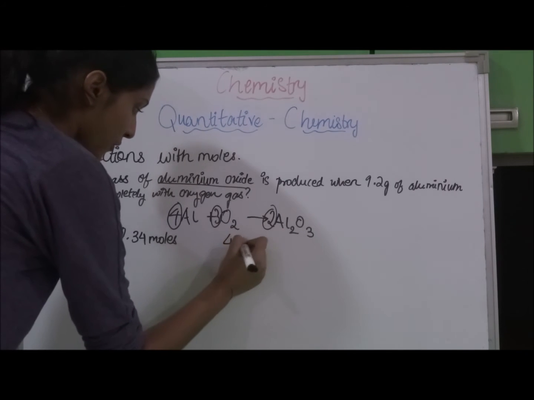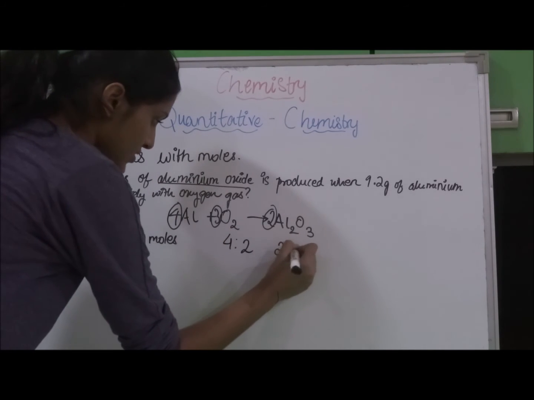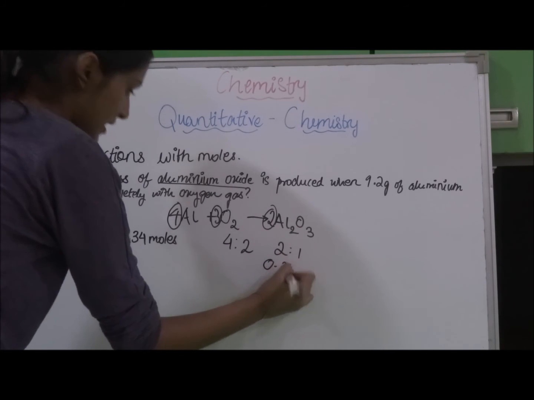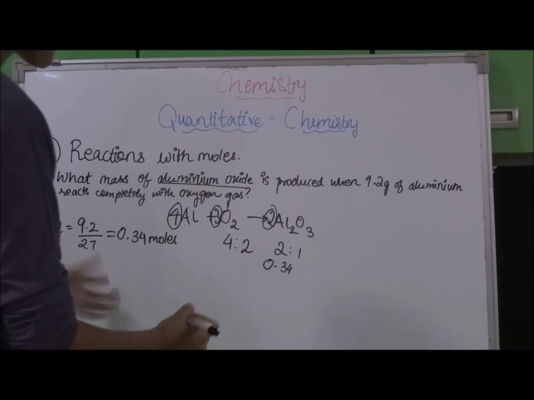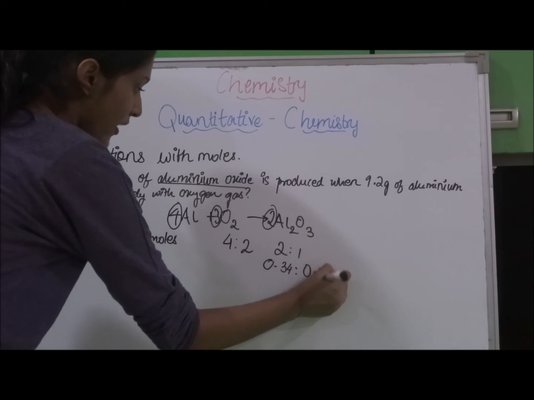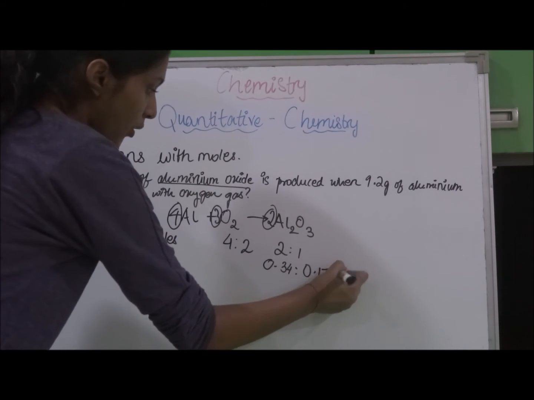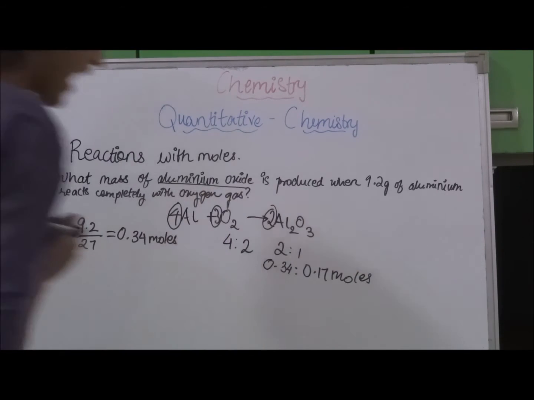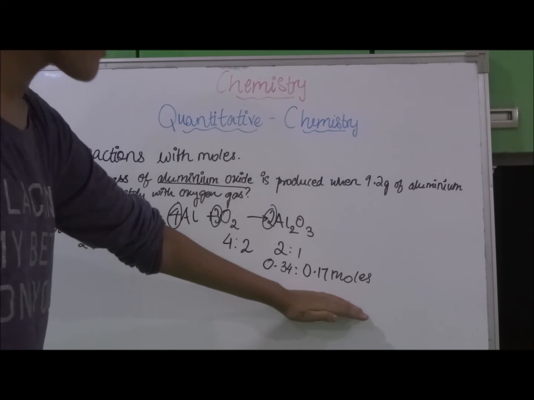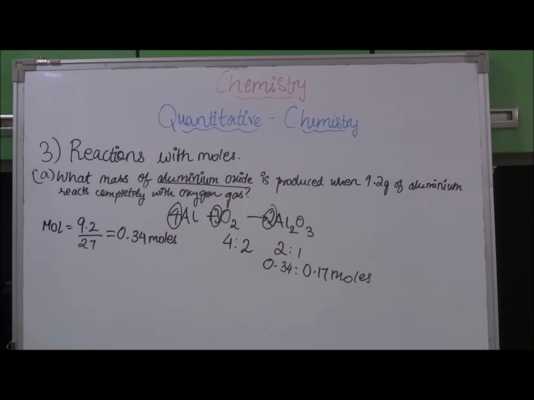If the ratio is 4:2, which means 2:1, then if 0.34 moles of aluminium is used, this means that 0.17 moles of aluminium oxide are produced.